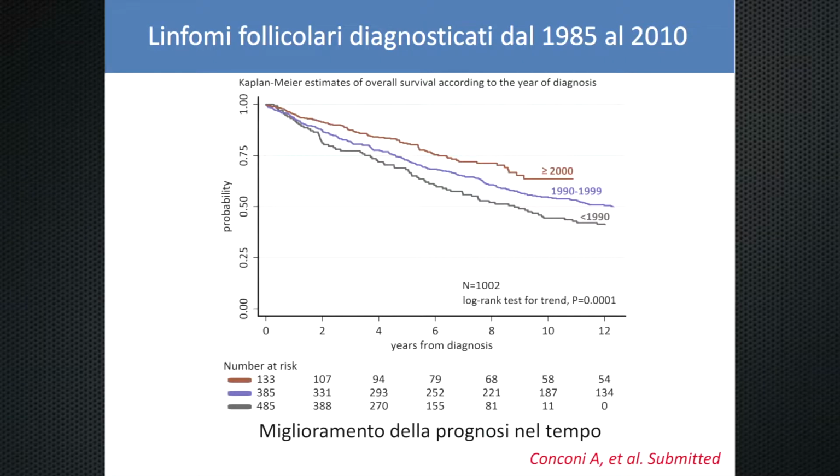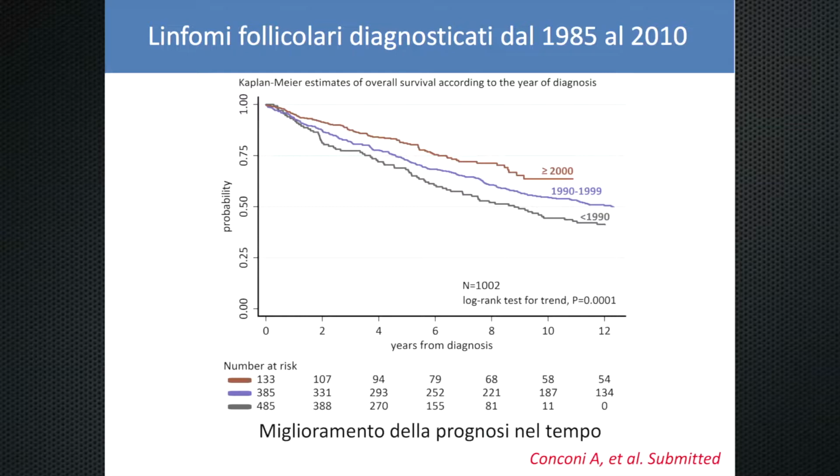If we go to the second most frequent subtype, follicular lymphoma, this is a paper that we have now in press, encompassing 1,000 patients with follicular lymphoma from our database, from the database of Barcelona and Bartholomeus in London.